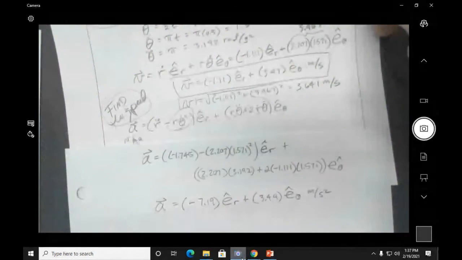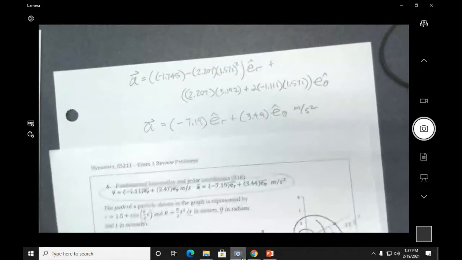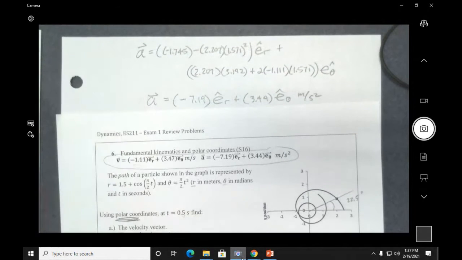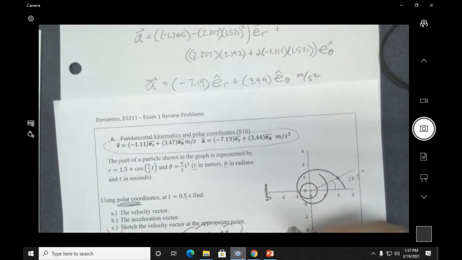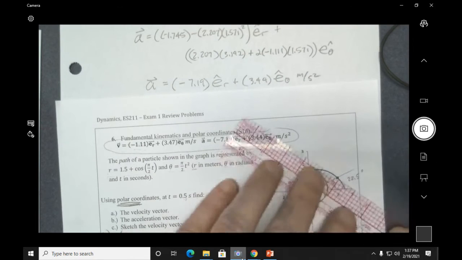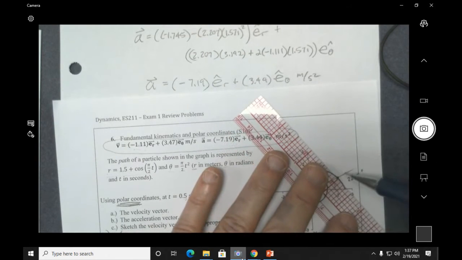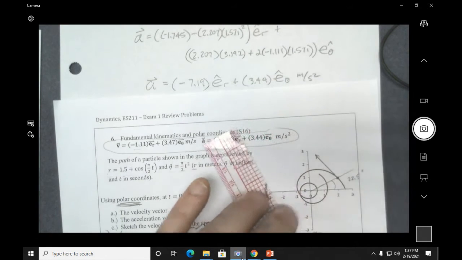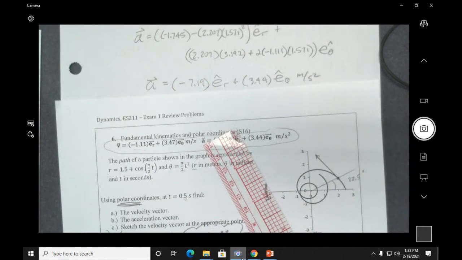Now, this problem could have been asked and made more complicated, but all I asked in here was to sketch the velocity vector at the appropriate point. And basically all you need to do is draw it tangent to the path right there, right?